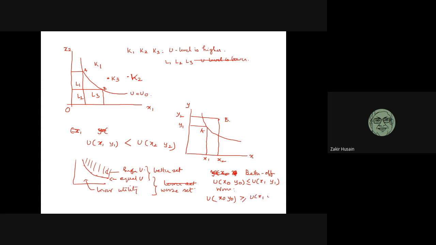All combinations of x1 and y1 which result in a utility which is at most equal to my original value, so it may also be less. And again, the strictly better set is a strong inequality, and the worse set is a weak inequality.